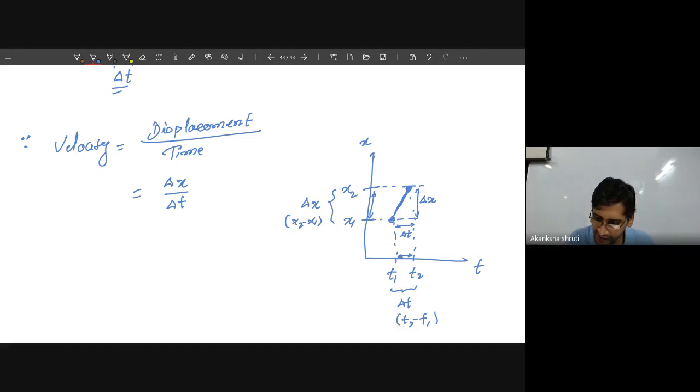Means for any slanted line, this vertical line delta x is known, and this horizontal line delta t is known. Then this ratio, delta x by delta t, is called slope. That basically tells what is the angle.